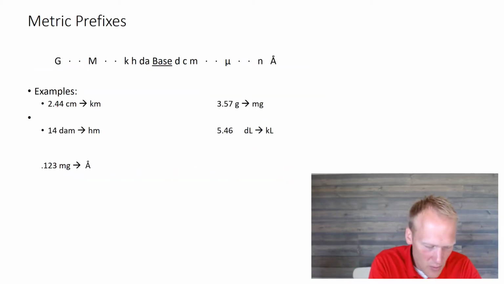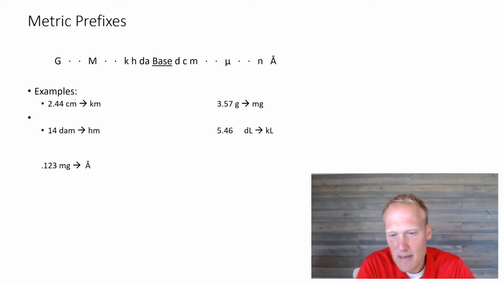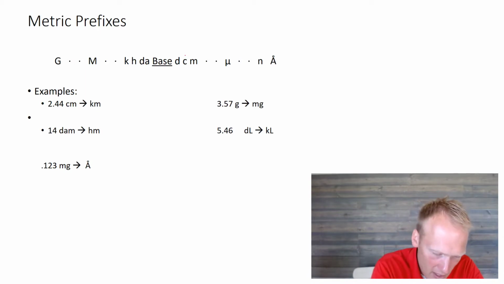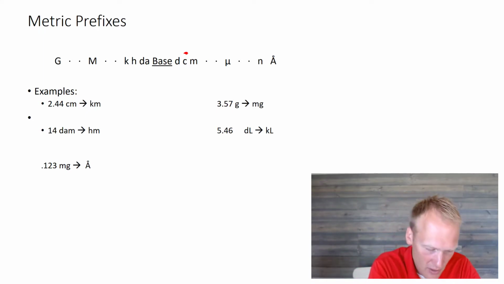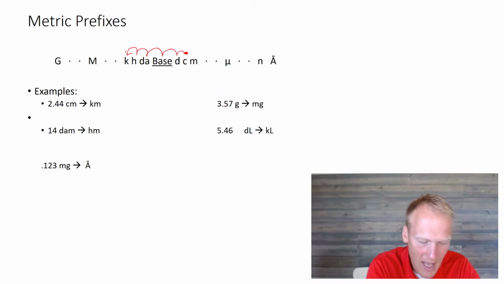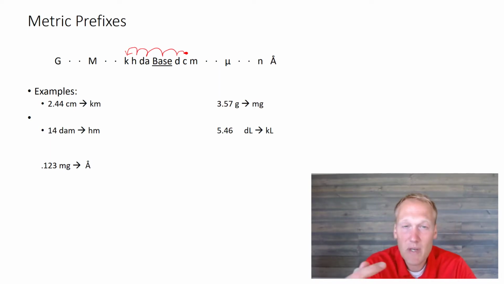All right, the first one we're going to do here is go from centimeters to kilometers. So we're going from right here, centimeters, and we need to get to here. So the first thing we want to do is to decide how many powers of 10 we're changing. 1, 2, 3, 4, 5 powers of 10. Which means we need to move the decimal 5 powers of 10 in the same direction.